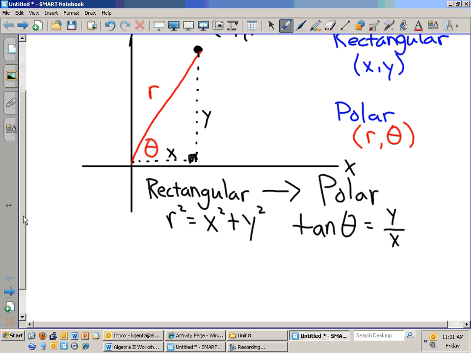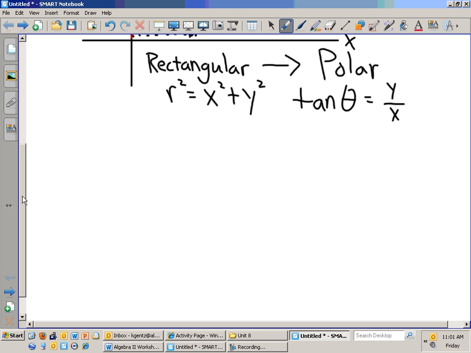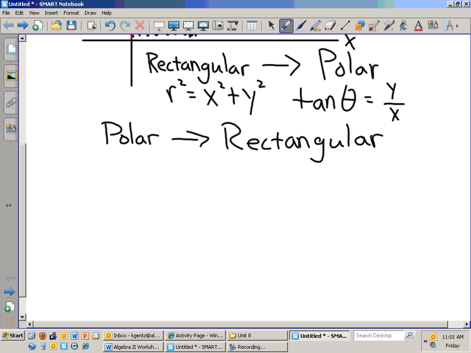Now, if we want to do the other way, if we would like to go from polar to rectangular, then we need to express a different relationship.